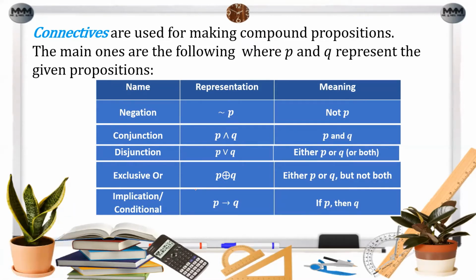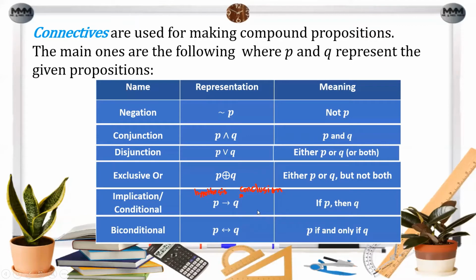This is our hypothesis in our sentence, and Q is the conclusion. So P is our assumption or hypothesis, if P, then we conclude Q. So we have if P, then Q.